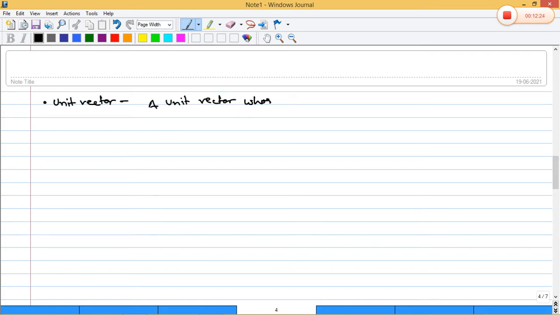A unit vector is a vector, so it has magnitude and direction both, whose magnitude is unity and whose direction is along the vector.